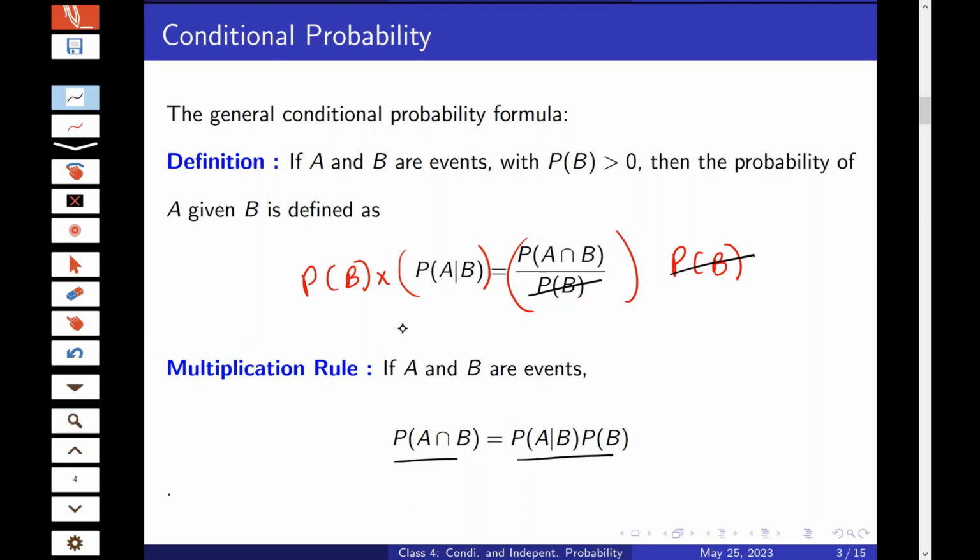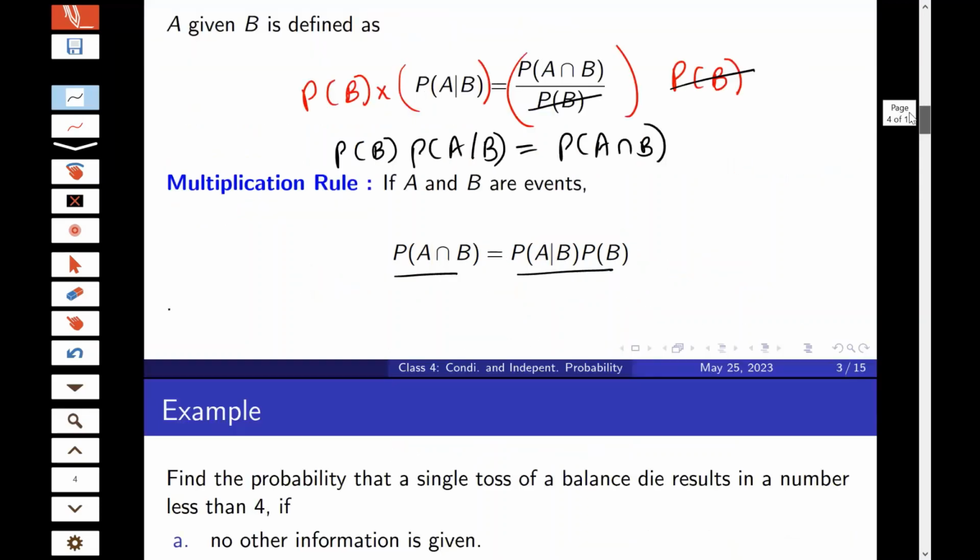So this rule is known as the multiplication rule. Okay, so this is another useful rule in probability. So we can write the intersection as P(B) times probability of A given B.